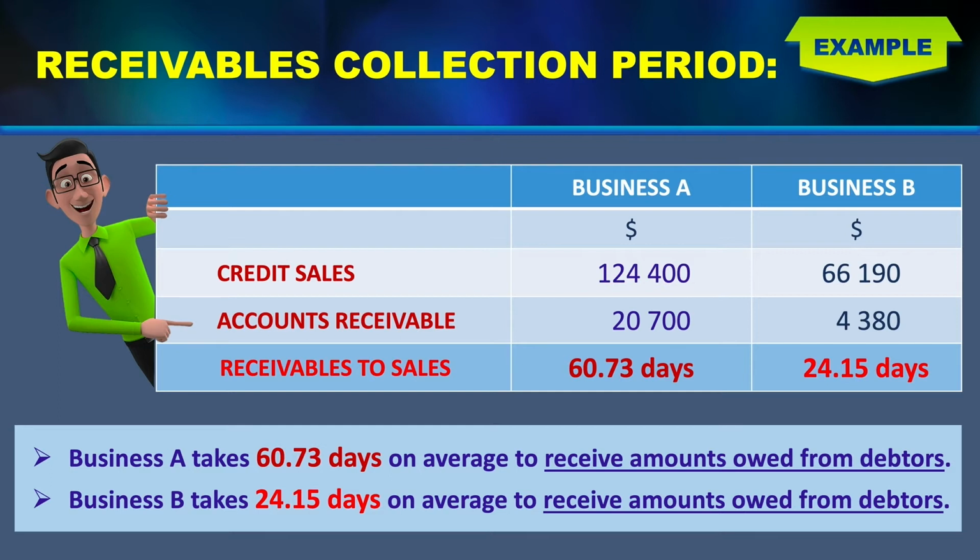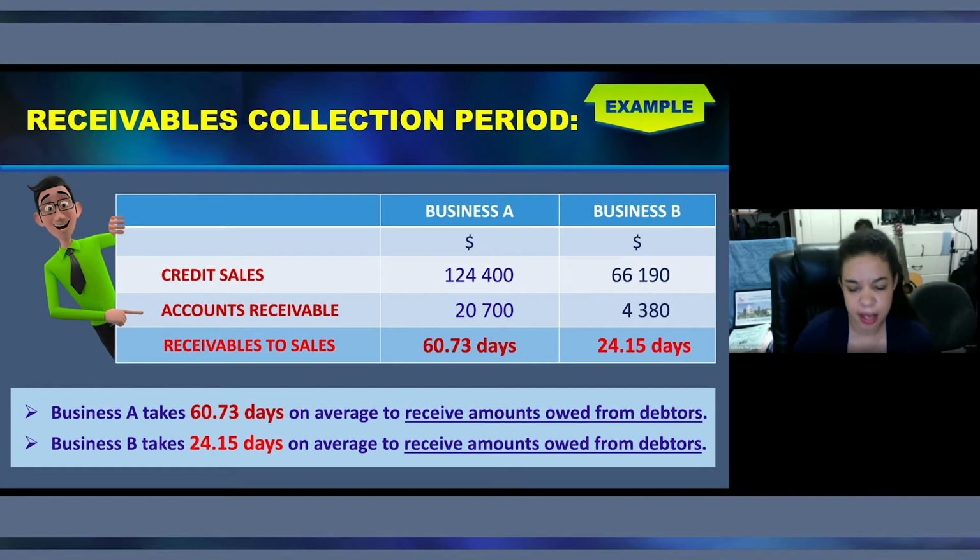So business B receives money faster. So based on this ratio, you would see, in fact, business A takes a while on average, because that is almost 2 months, whereas business B is less than a month, and they collect on average their money owed.